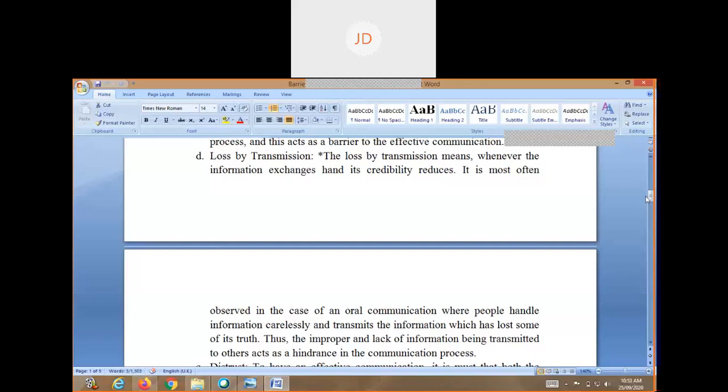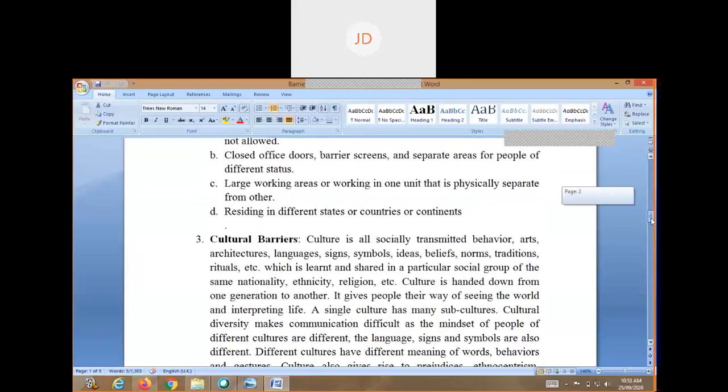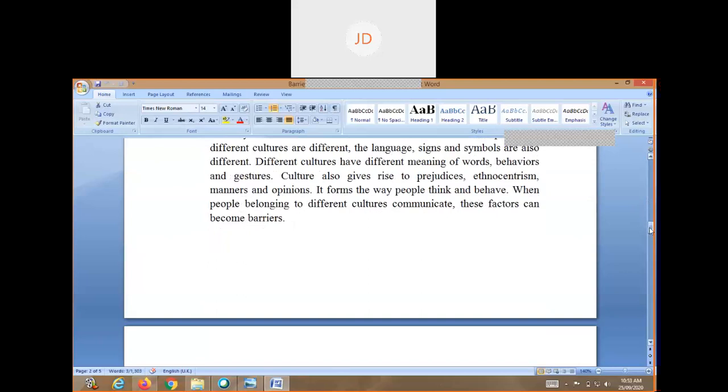So the message that reaches the last person in that communication process has a different meaning and is just 10% of the original message. So this is how psychological barrier takes place in the process of communication. Psychological barrier is totally related to the human mind, to the limitations of our mind. Okay.